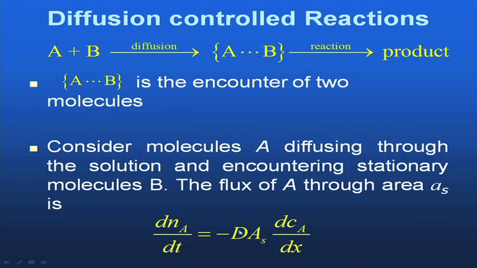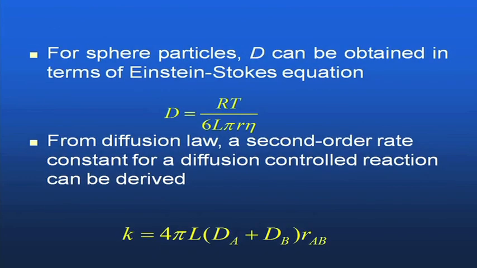Here D is your diffusion constant, the diffusion coefficient. For spherical particles, D can be obtained in terms of the Einstein-Stokes equation. It is a famous equation, named after Einstein and Stokes because these two scientists worked on this.